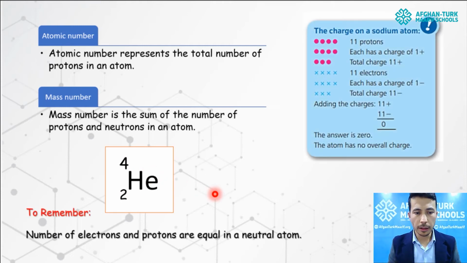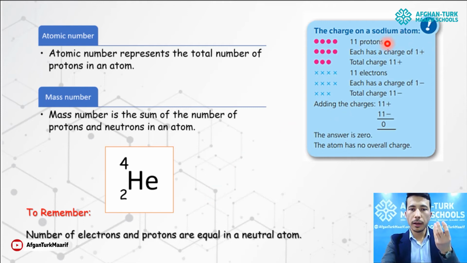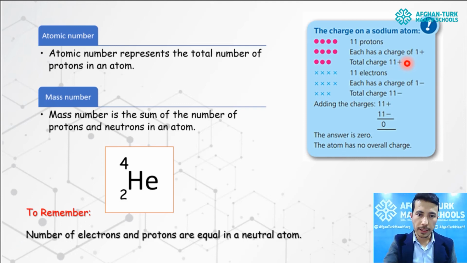Guys, please remember that the number of protons and electrons are equal in a neutral atom. Let's work upon an example. If a sodium atom has 11 protons, each proton has +1 charge, so the overall positive charge will be 11+. When it comes to the electrons, there are 11 electrons orbiting in the energy levels of the sodium.